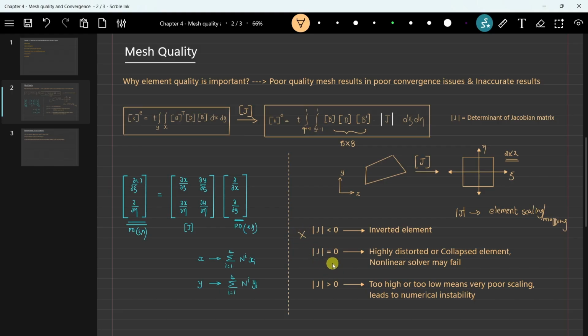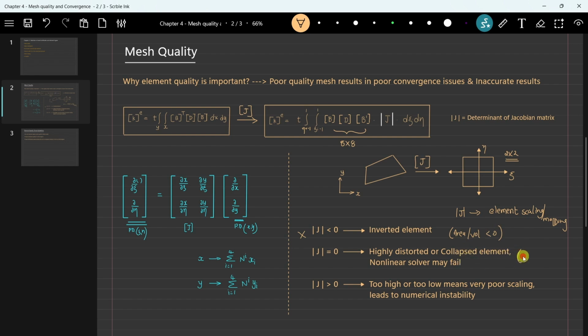When J is equal to 0, this means the element in global coordinate system is highly distorted or completely collapsed. In this case, when the determinant of Jacobian matrix is equal to 0, we cannot compute the element stiffness matrix, because the terms are 0. As we said, here the area or volume of the element is less than 0, negative volume.